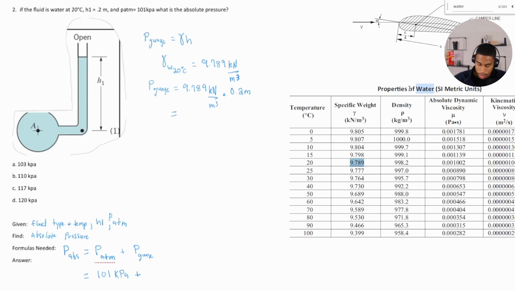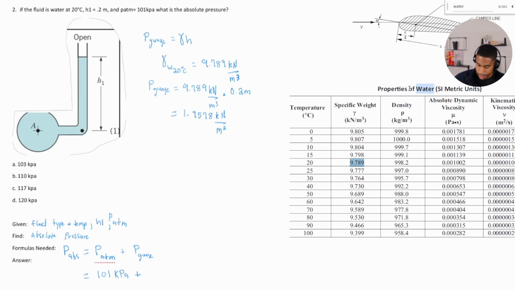And so for my pressure gauge reading, I get 1.9578 kilonewtons per meter squared.